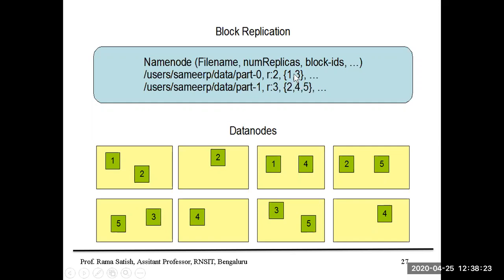The block ID is 1 and the block ID is 3. Blocks 1 and 3 will never be stored in the same computer. Observe there, they are stored in different computers, and they maintain a replication of 2.